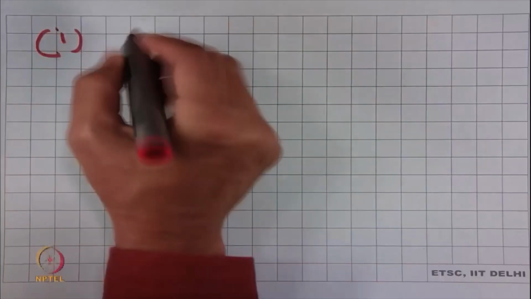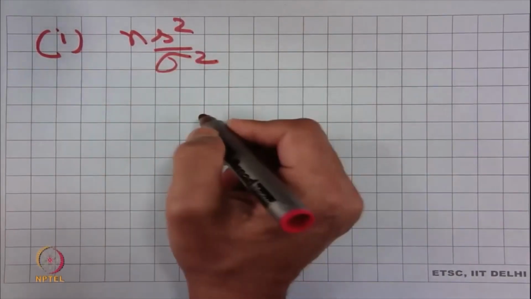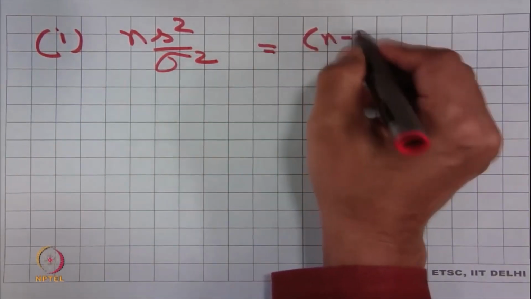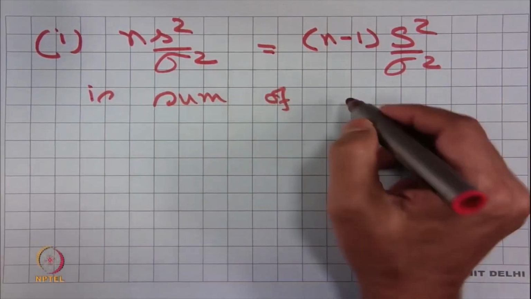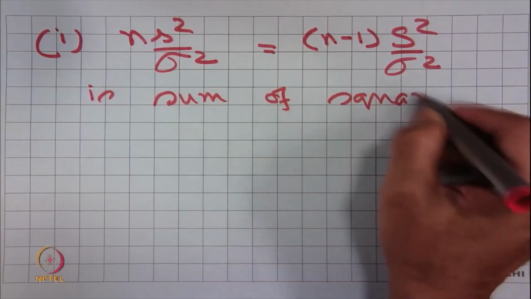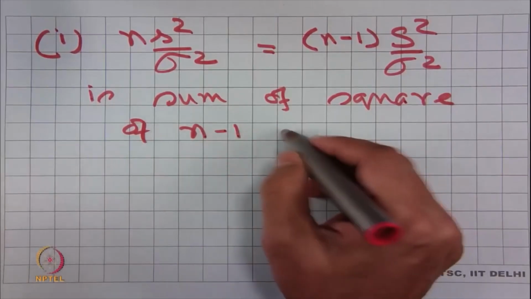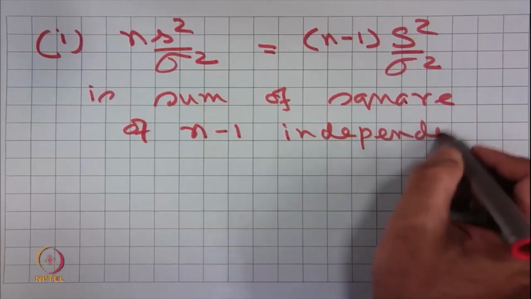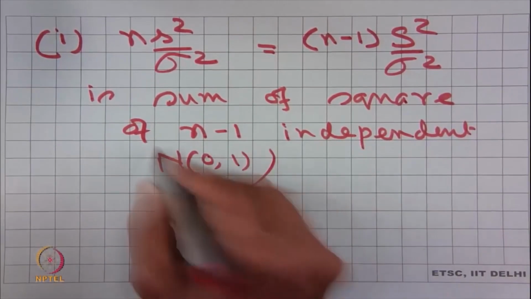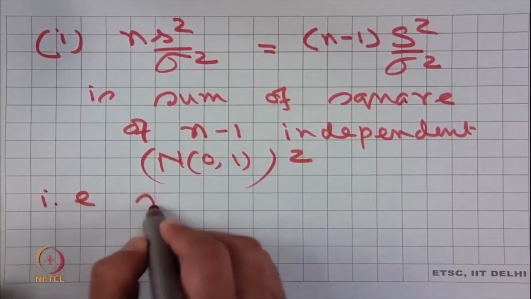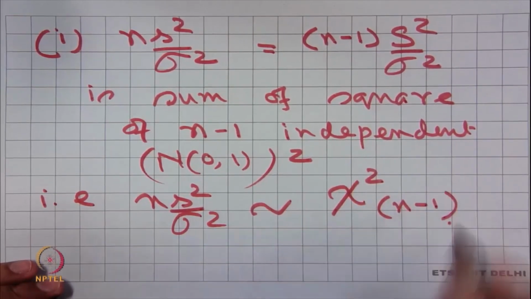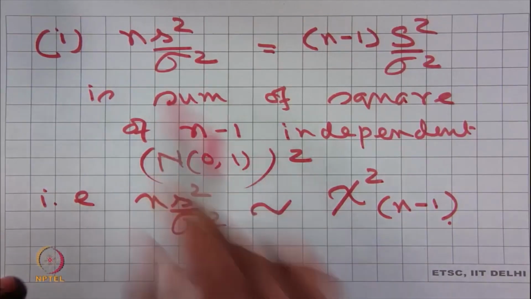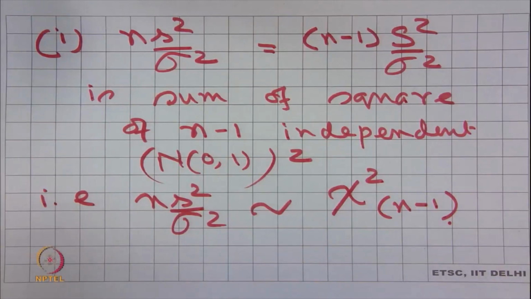One, n a square upon sigma square, which is same as n minus 1 into a square upon sigma square, is sum of squares of n minus 1 independent normal 0 1 square, that is, n a square upon sigma square is distributed as chi square with n minus 1 degrees of freedom, because n a square upon sigma square is sum of sigma yi square from 2 to n, that means n minus 1 independent normal 0 1 square.